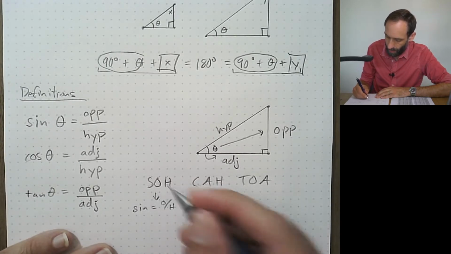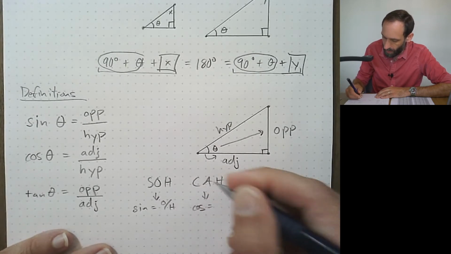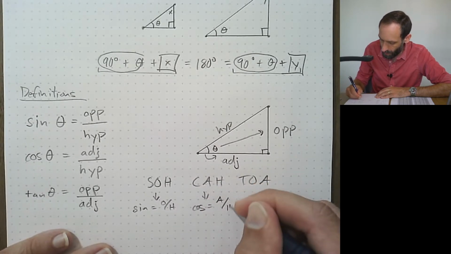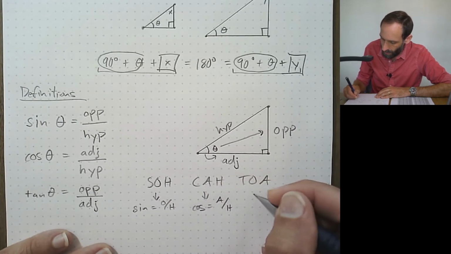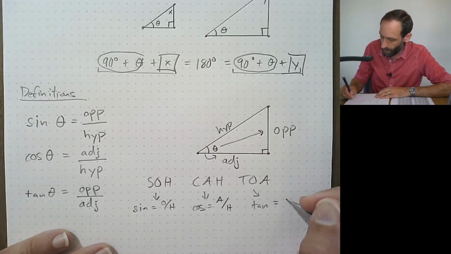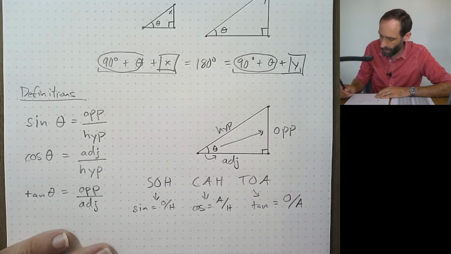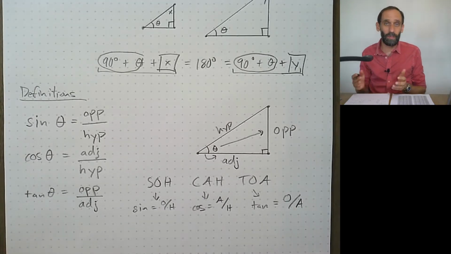S is O over H. Cosine is equal to adjacent over hypotenuse, A over H. And finally, tangent is equal to opposite over adjacent. So that's a mnemonic that may help you remember these definitions.